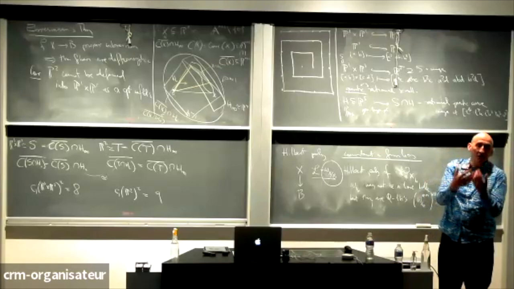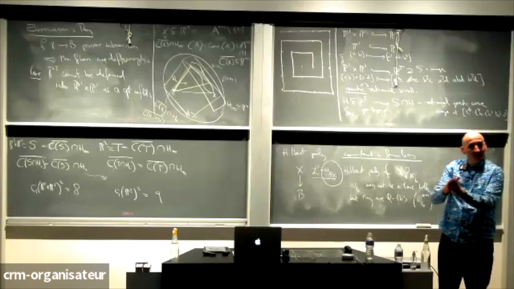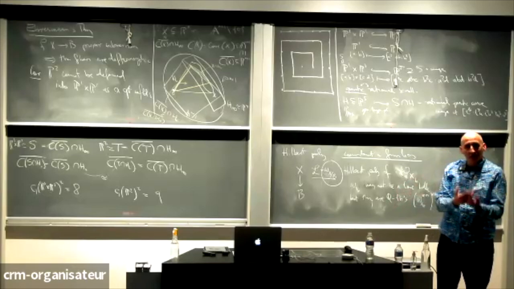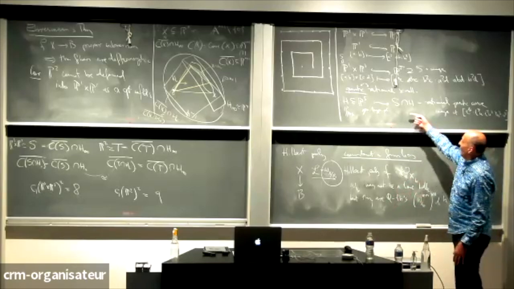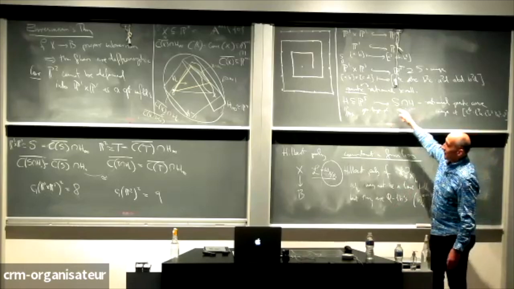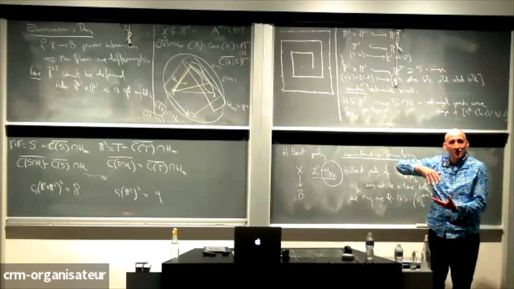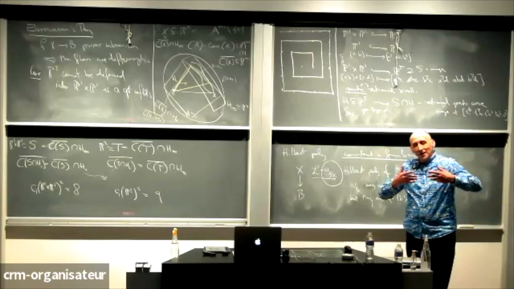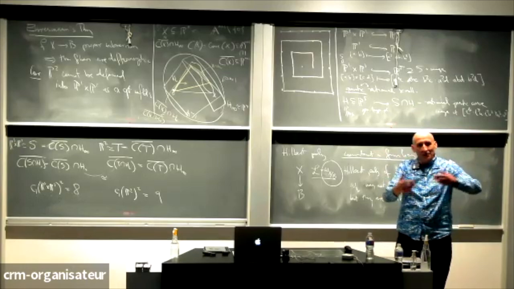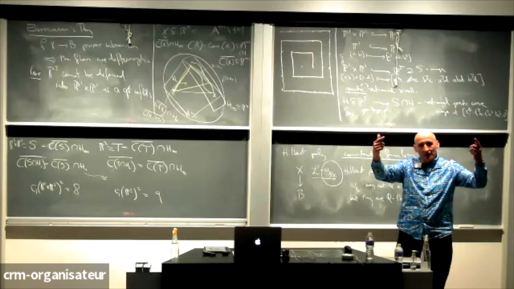If you allow algebraically closed fields, then everything is fine. If it's not algebraically closed, then the problem is that S intersect H and T intersect H could be non-isomorphic over that field, but isomorphic over the algebraic closure.